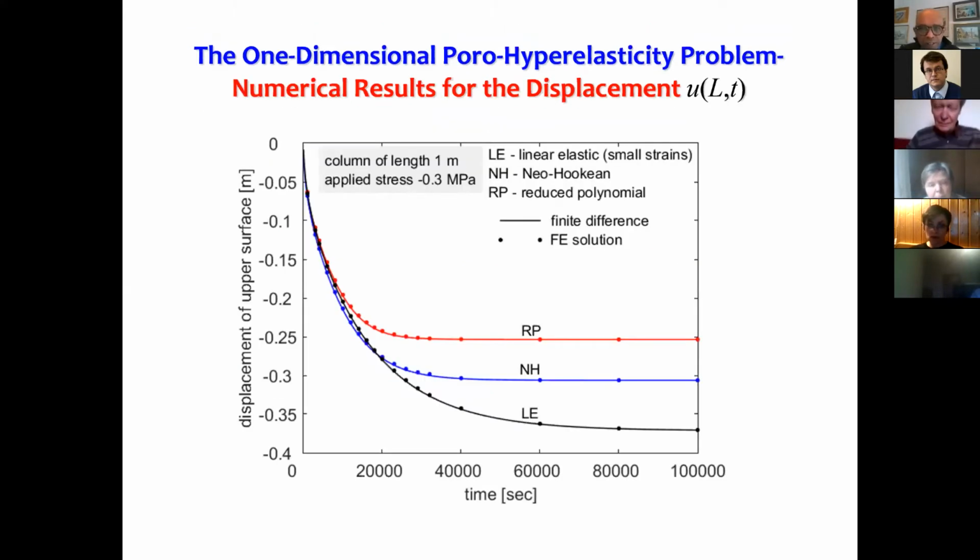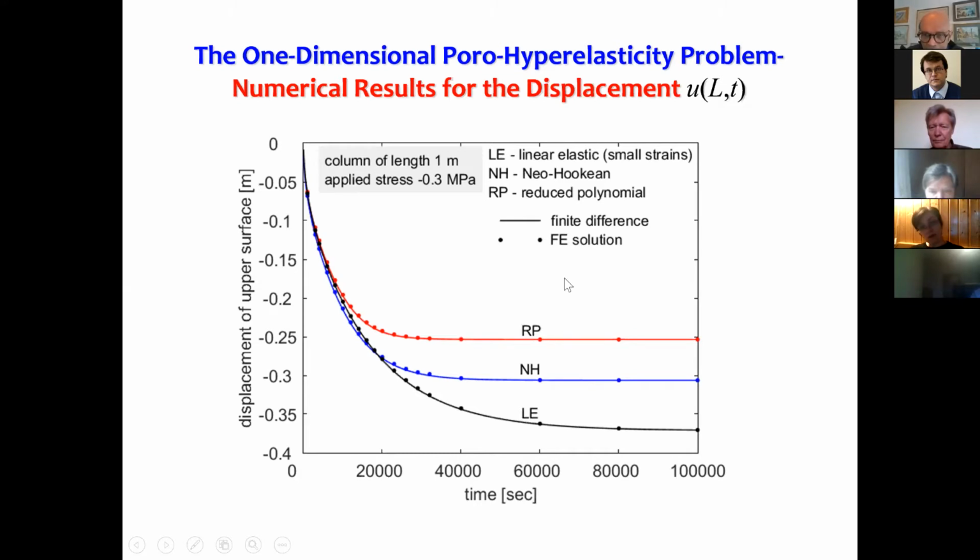So here are the results for the one-dimensional consolidation displacement. So this is the displacement of the upper surface. Negative means that it's going in the negative direction of the z. So this is the reduced polynomial solution using the finite difference schemes.